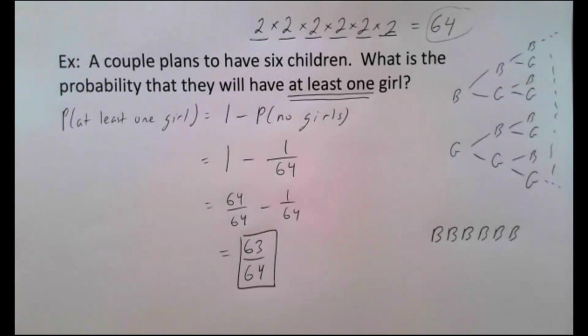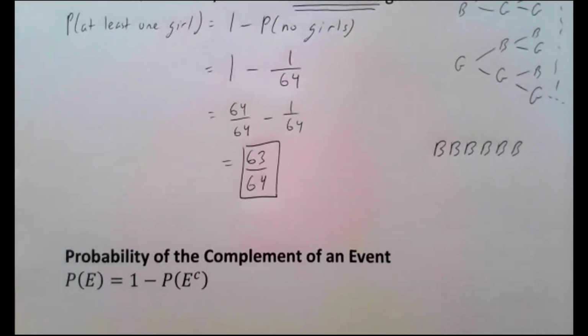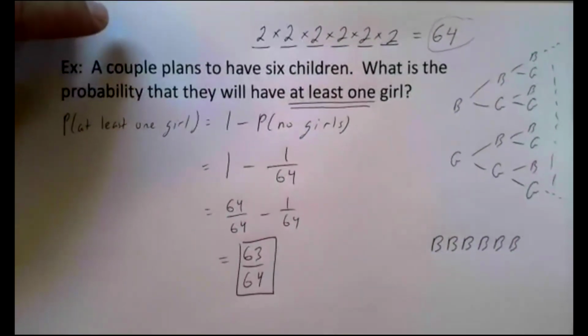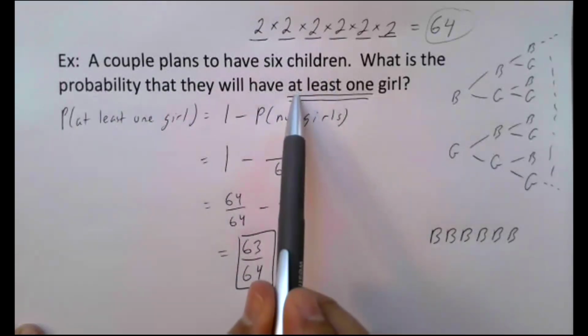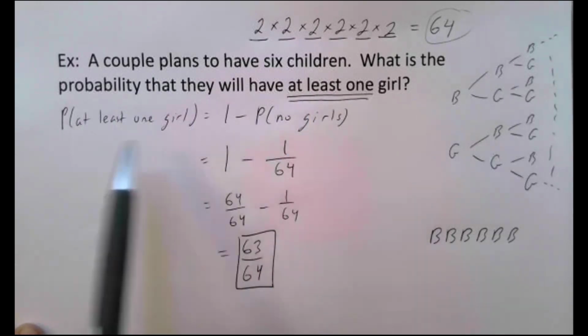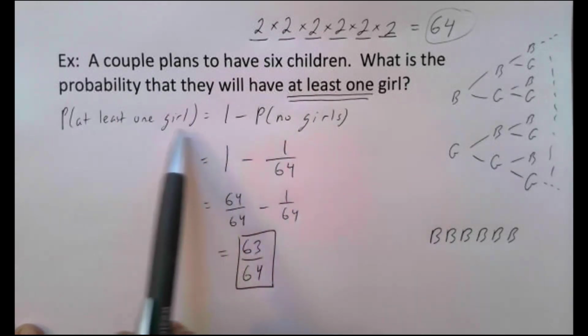That's not a super easy problem. That is a little bit more difficult application of this formula here. But I do want to say that when you are doing probability problems that say something about at least one, it's worth a try to think to yourself, maybe I should think about this formula.